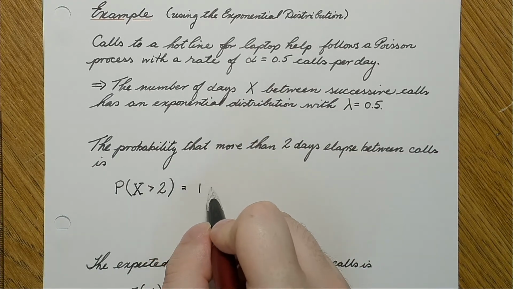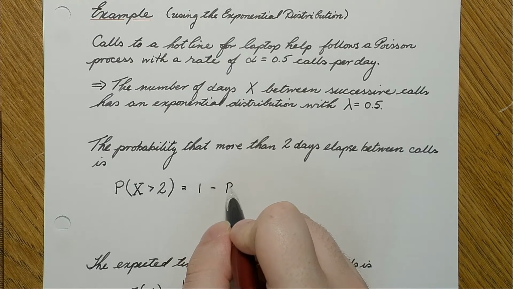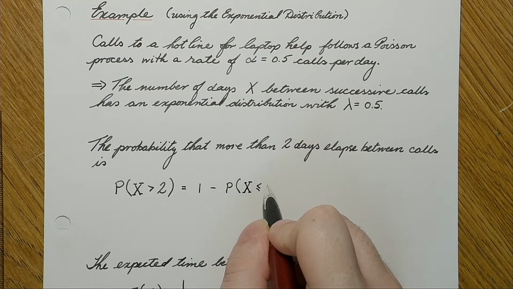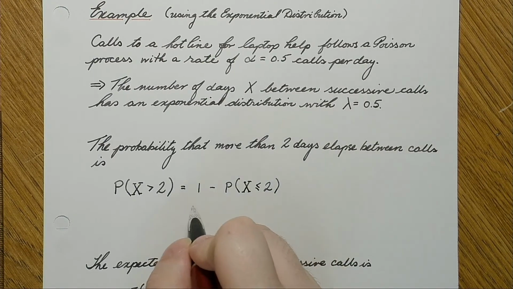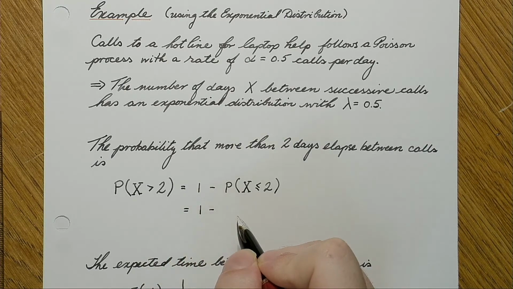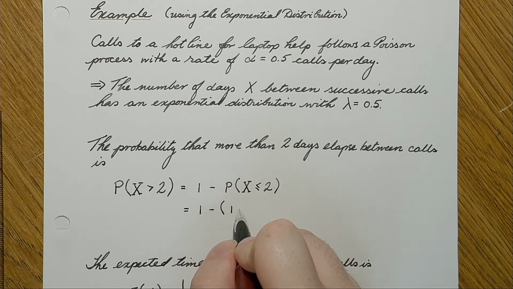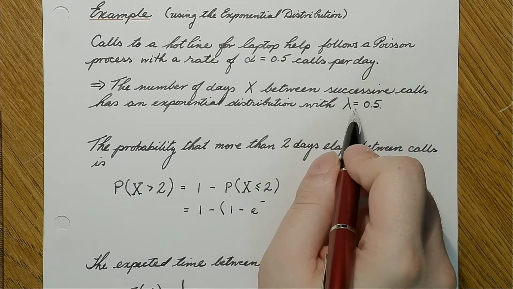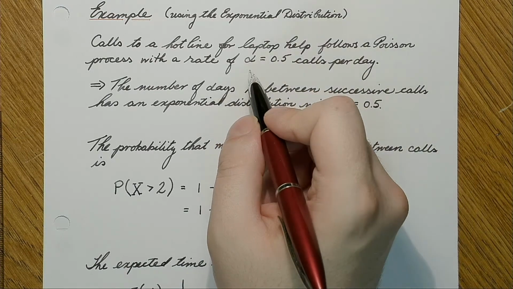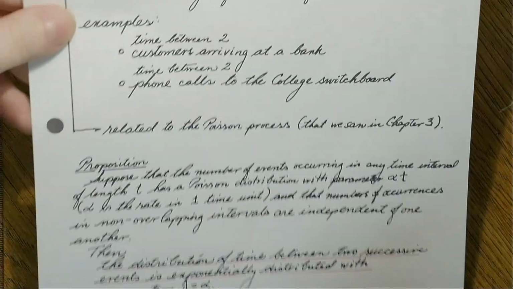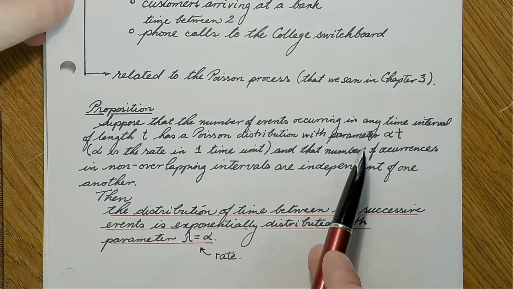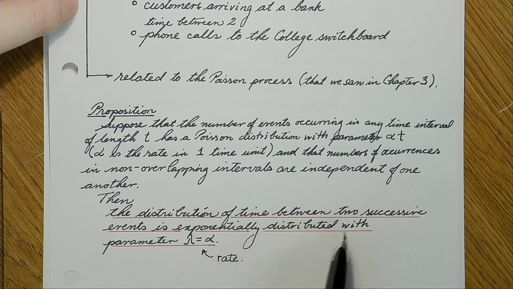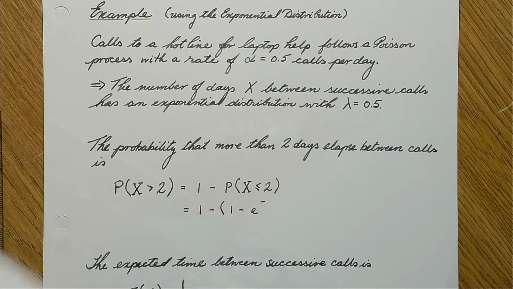Well, we're going to write this as a CDF. So 1 minus the probability that x is less than or equal to 2. And we know what the CDF is of that. So it's 1 minus e to the minus lambda x. In this case, lambda is equal to 0.5. So again, the proposition is saying if it's a Poisson process that we're working with, then lambda is equal to alpha for the time between 2 successive events.